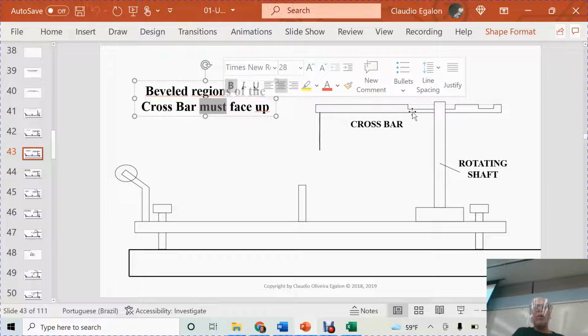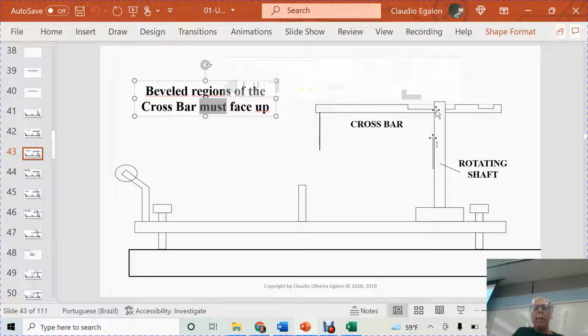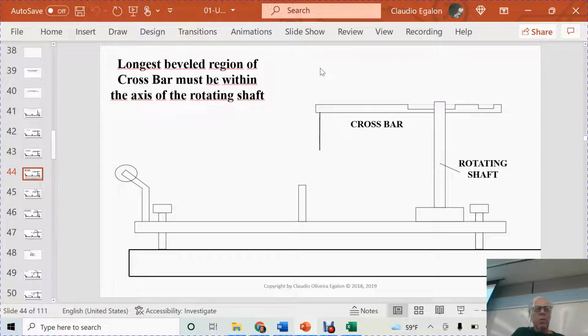You do not want this crossbar flying in your face, okay? So the crossbar should face up and be lined up with the rotating shaft. And it has to be the longest beveled region that you use, not the shorter one.